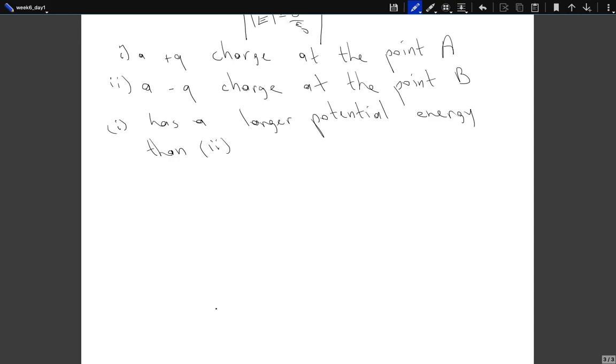Now, let's try to calculate. Up to here we defined the potential energy. Let's try to calculate the potentials created by various charge distributions. Because if you remember, before we had studied, let's say, an infinite wire. Do you remember the electric field created by an infinite wire?